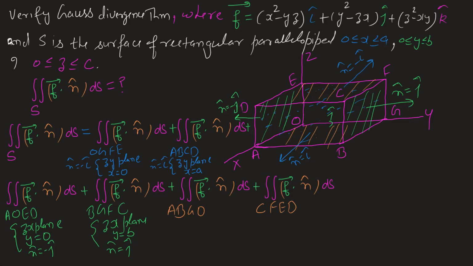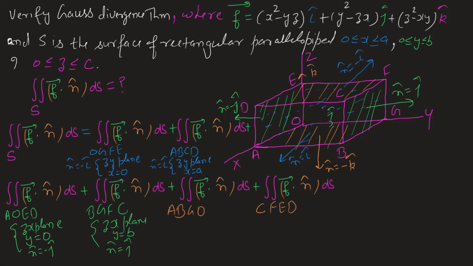So now come back to the next plane, ABGO. In this plane, the outward unit normal will be in this direction. Along this direction is k cap and this is opposite. So n cap is equal to minus k cap.